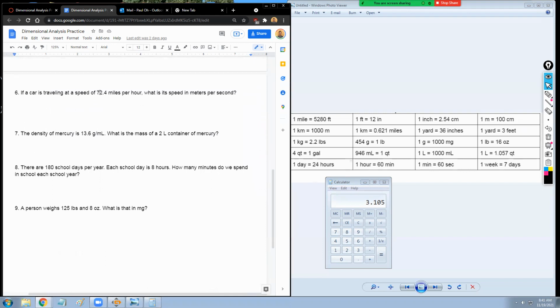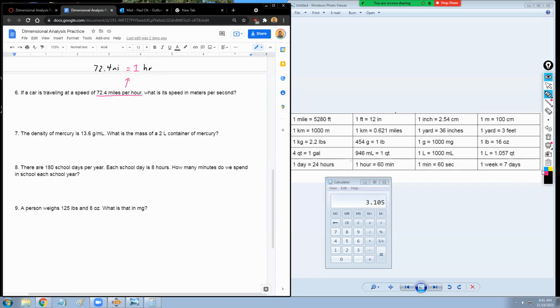A car is traveling at 72.4 miles per hour. This is one that we looked at last time before we went on break, and our starting number is 72.4 miles per hour. If you remember, the word per means equals 1. So this problem is telling us that our starting number is 72.4 miles equals 1 hour.